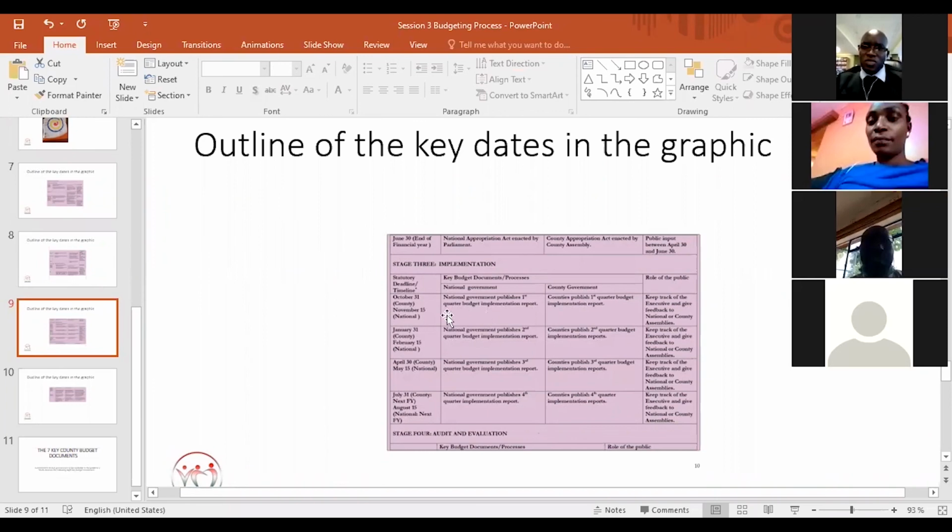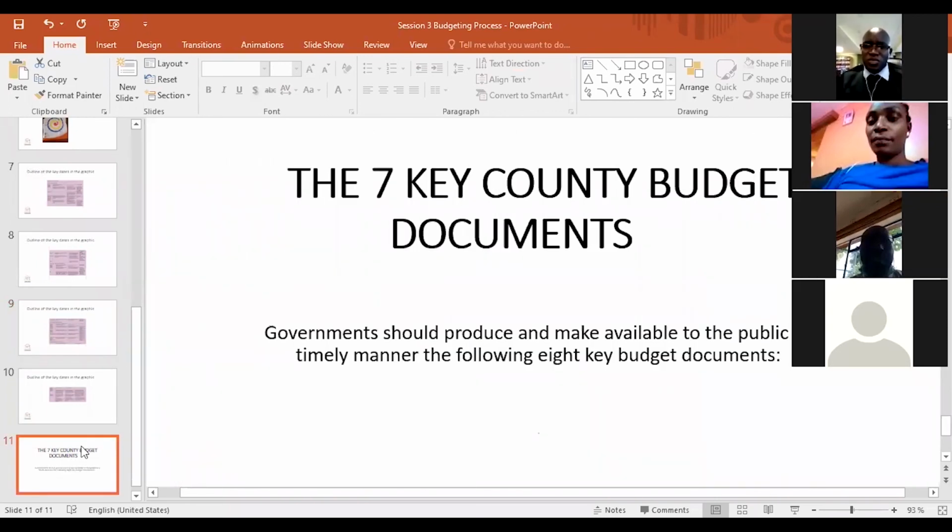That is why when we discuss the 7 key county budget documents, we are going to analyze each document in detail so that you can know at which point and what questions you should ask when you go to the public participation forum. Have I answered your question, Stephen? Yes, it's well answered.